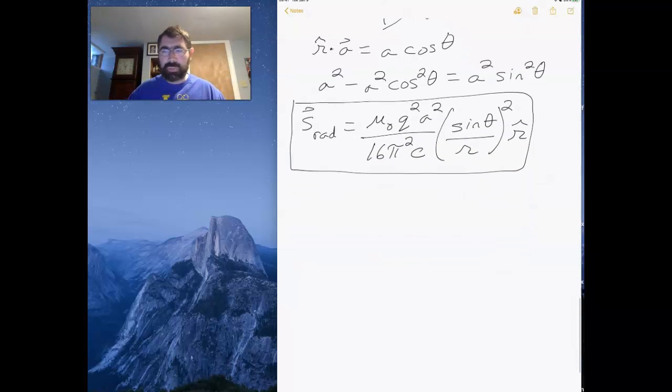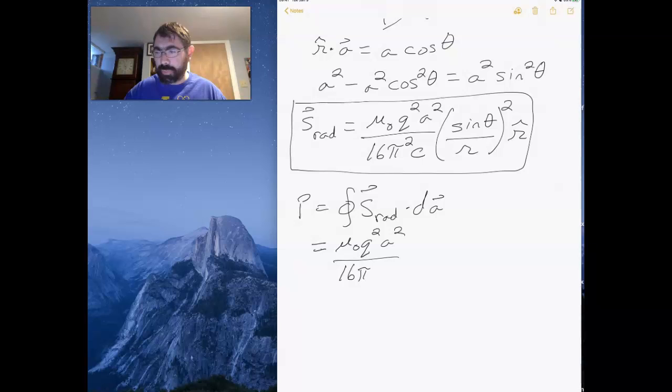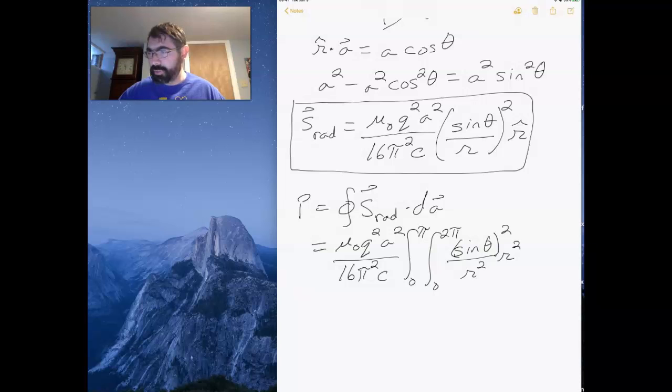Not only that, but if you now take the power as the integral of the Poynting vector over the enclosed area around that donut shape, what you would get is mu 0 q squared a squared over 16 pi squared c, the integral over theta and the integral over phi, and then you would get sine theta squared over r squared, and then r squared sine theta d theta d phi, which, now the r squareds cancel.